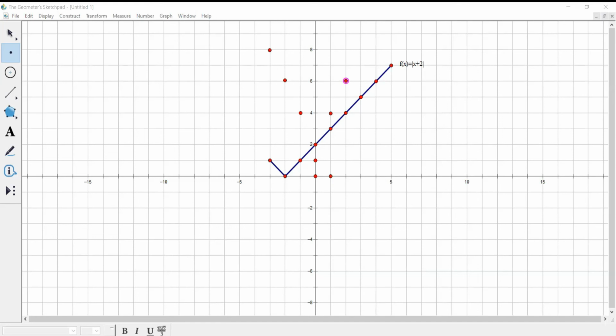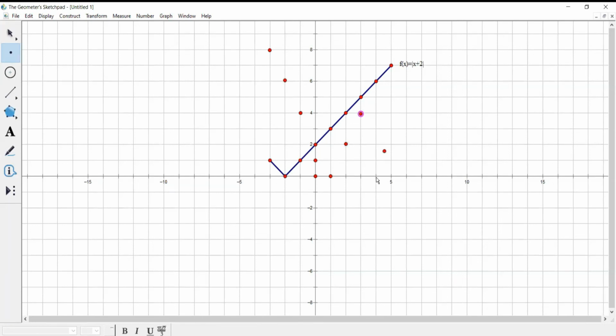We have 1 and 0. Did I plot 1 and 0? Oh no, I didn't plot 1 and 0. So let me plot 1 and 0 right here. Then we have 2, 2. Then we have 3, 4.